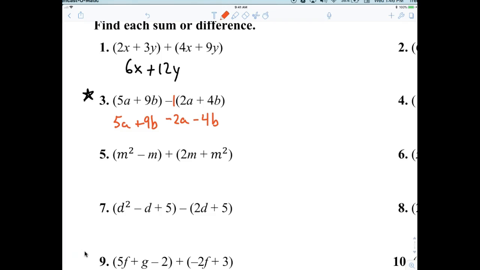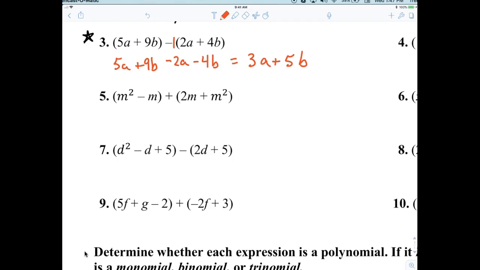Does everybody understand why the 2a became a negative 2a and the 4b became a negative 4b? I just distributed -1. From there you're combining terms, so that would just be 3a plus 5b. Any questions? Now let's go down and do number 5.